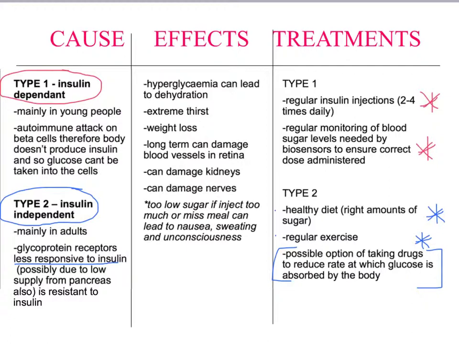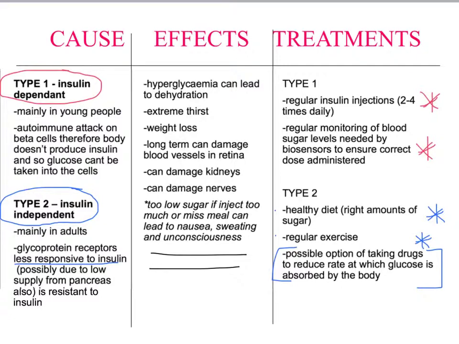I've just put here at the end about what can happen if there's too low sugar. If a diabetic were to over-inject, which is very common, because if they're worried that their glucose has raised quite significantly after maybe a carbohydrate-rich meal, then they could possibly inject too much. And that can lead to nausea, sweating, and even unconsciousness.